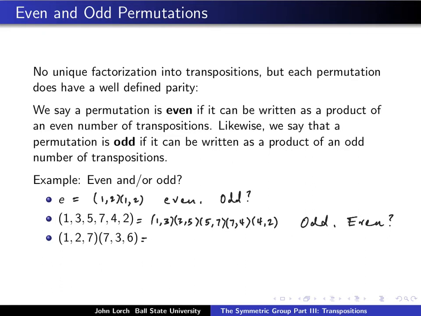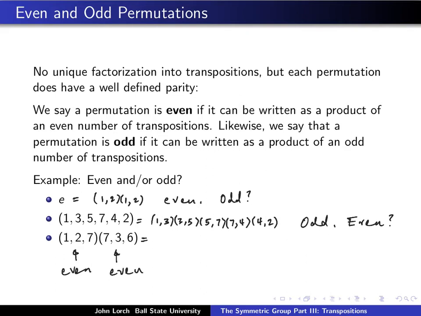Okay, here we have a product of two cycles. Notice that we could go ahead and write these out as products of transpositions, but let's not do this here. We know that (1 2 7) is a cycle of length 3, and therefore it can be written as a product of 2 transpositions. So this is even, and that's even.